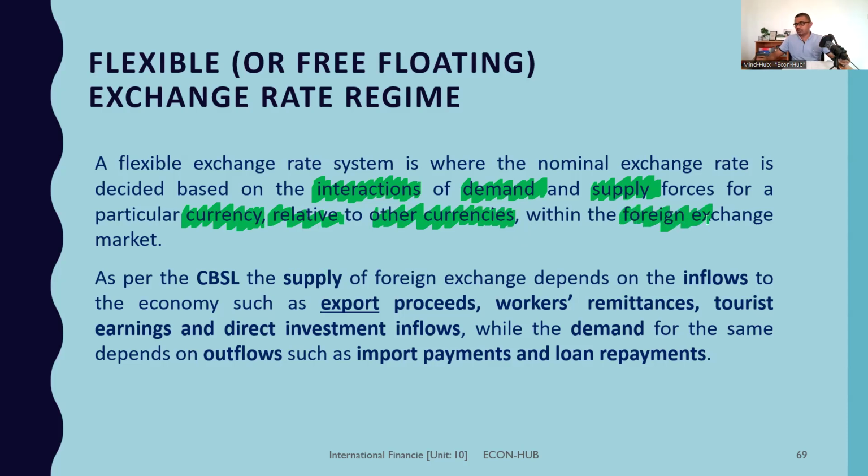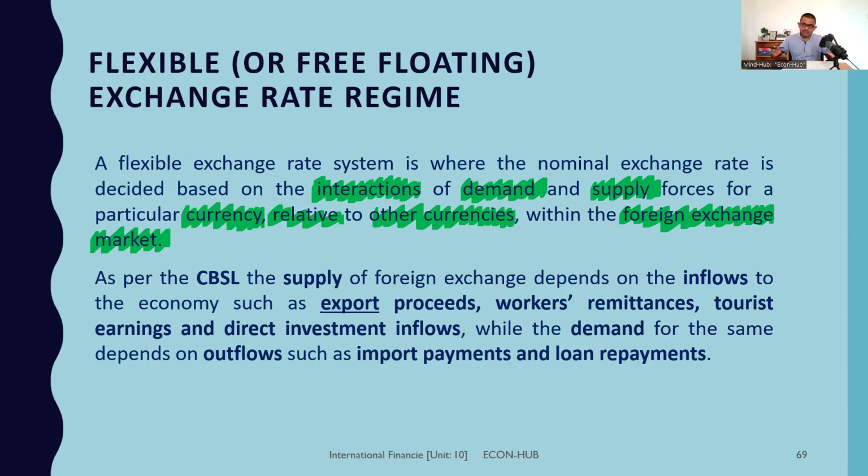Now that is also a bit important, because for the purpose of engaging in international economic activities or dealing with the rest of the world, we will need to buy and sell rupees. If we are demanding and supplying rupees, that means we are looking for another currency, foreign currency. Get it?